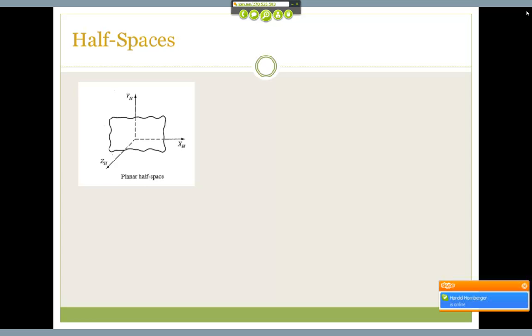So we could say everything to the right of that wall, to the left of this wall, behind this wall, in front of that wall is solid. In other words, the room we're sitting in is solid. Everything outside of that is hollow.